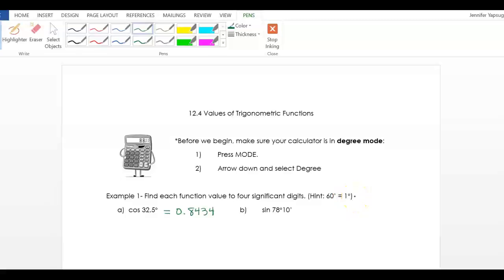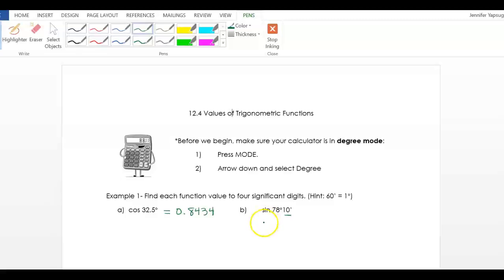Okay, so we need to do a little conversion before we use our calculator to find the value of this sine 78 degrees 10 minutes. First we need to figure out what 10 minutes is in degrees.